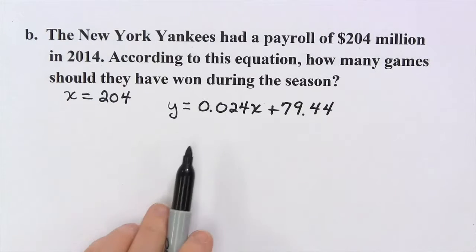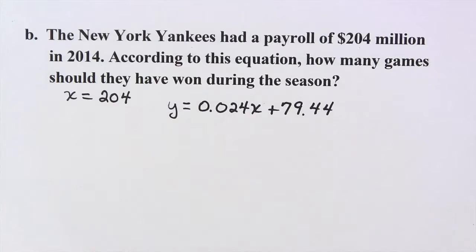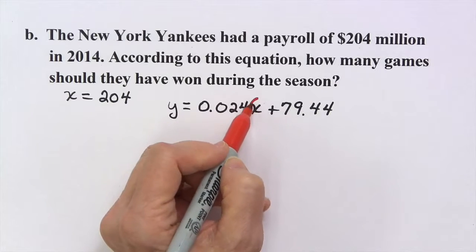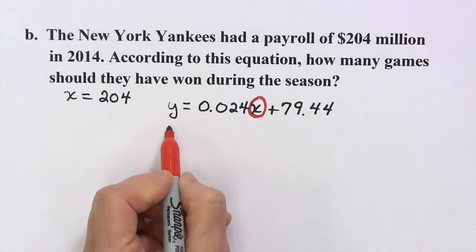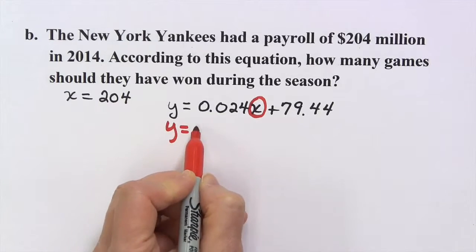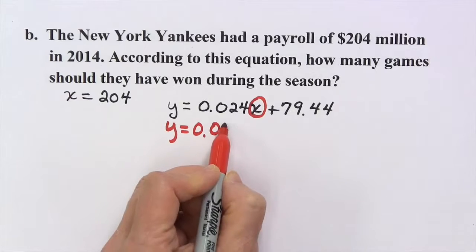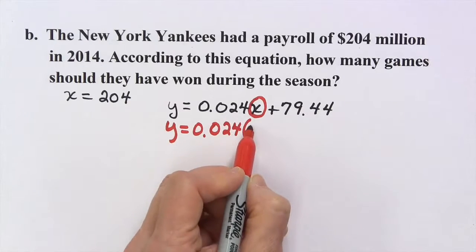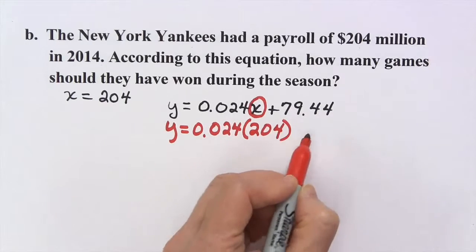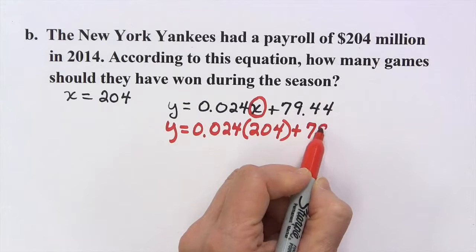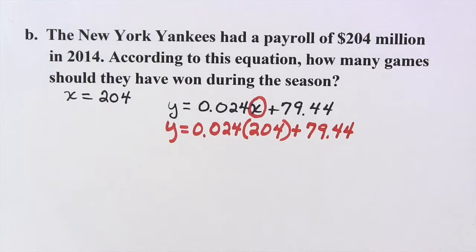We just let X be 204 and calculate. Y equals 0.024 times 204 plus 79.44. Again, we'll do this on our calculator.